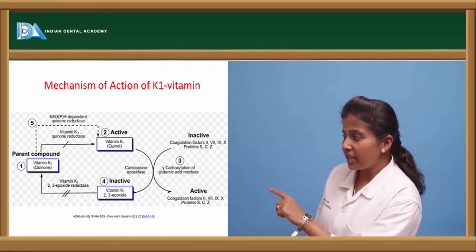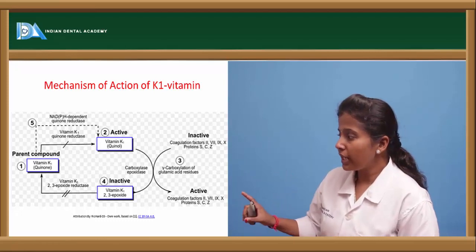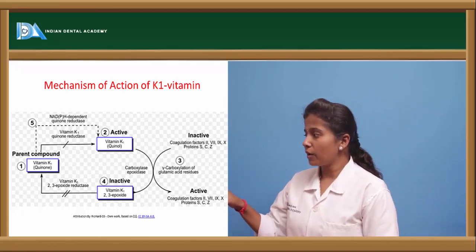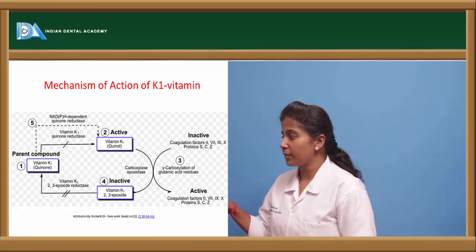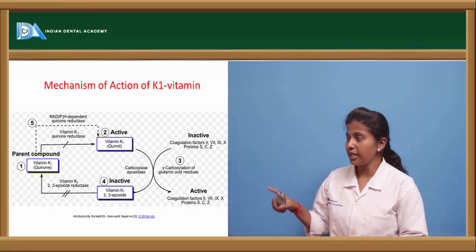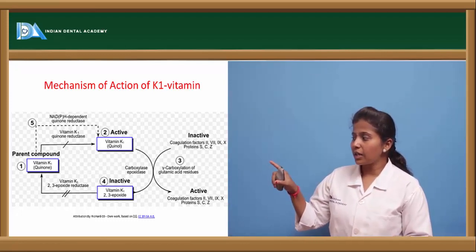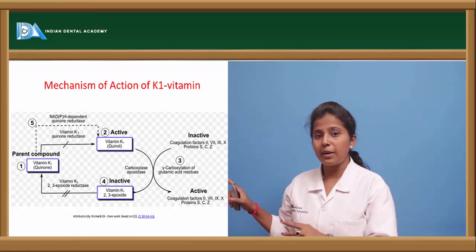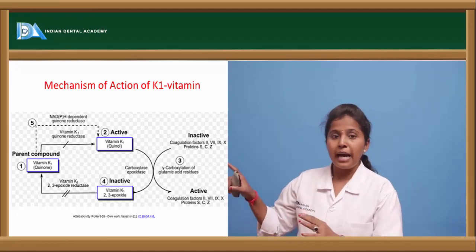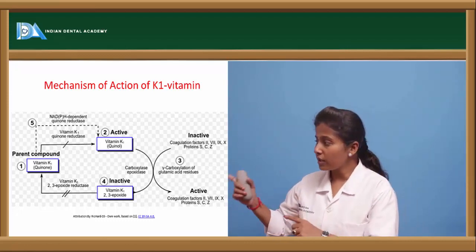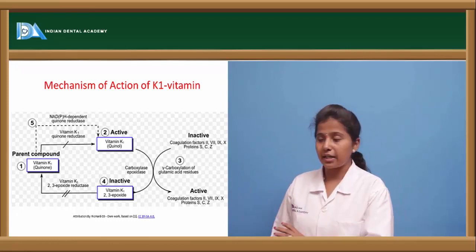Here from vitamin K1, that is quinone, the inactive form is formed with the help of the enzyme vitamin K1 2,3-epoxide reductase, where vitamin K1 2,3-epoxide is converted to quinone, and the quinone is further converted to quinol, which is an active form.